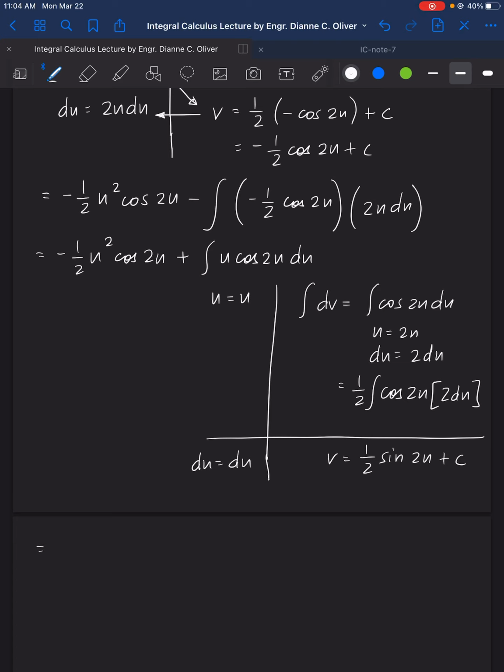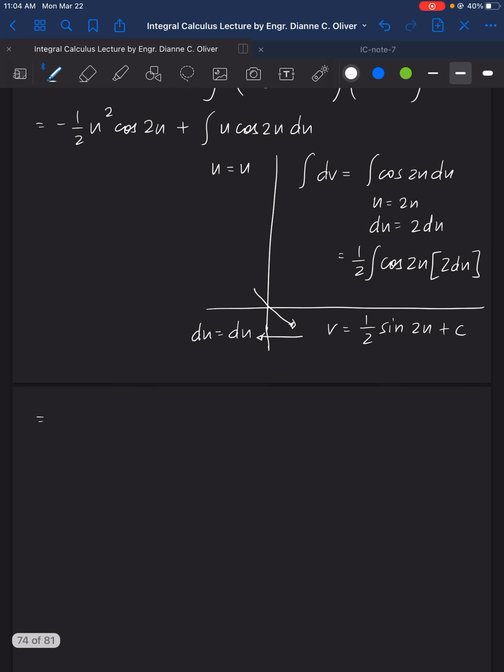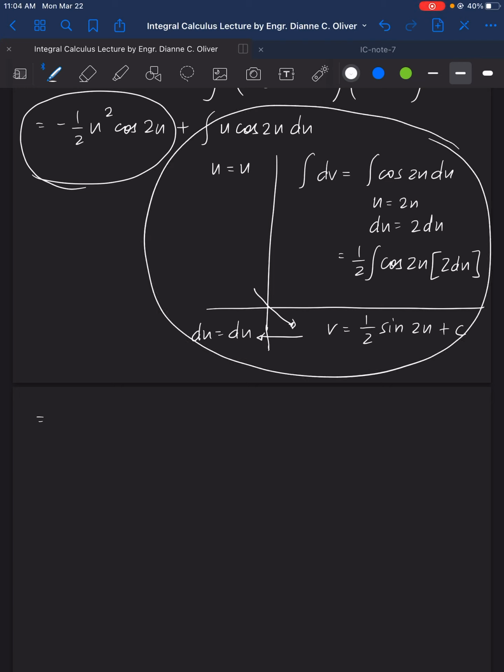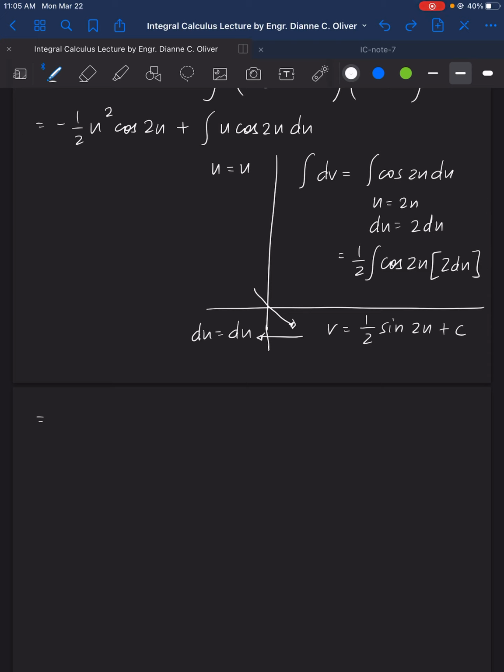Then from the pattern, we have uv and then v du. But we need to not forget, so this is what happens when my students are having a quiz. Sometimes they forget to include the previous term. Rather, they often go to this part here, continue with their pattern, and then forget this term. So it will make the answer incorrect.